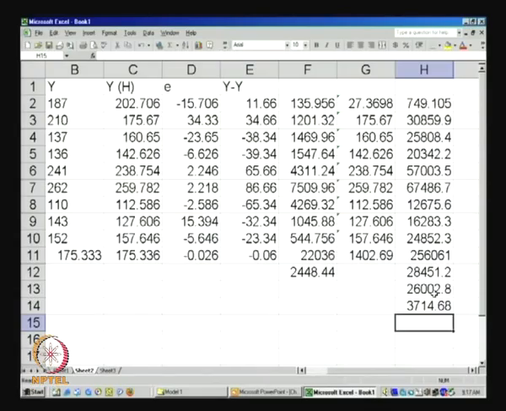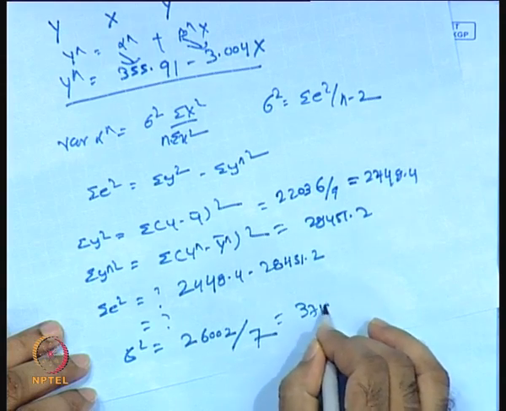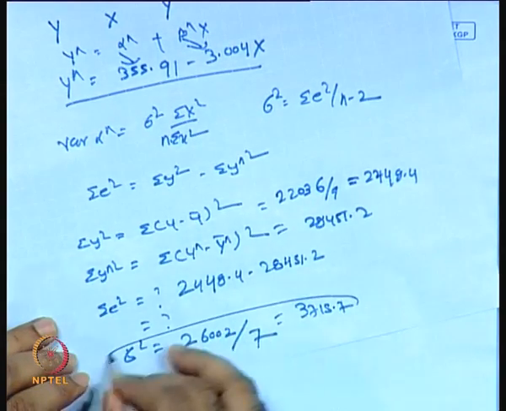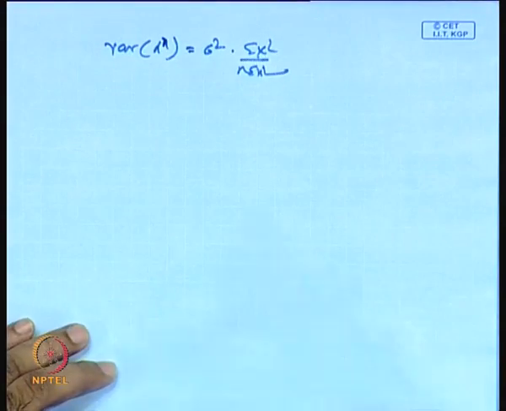So this is equal to 3715.7. This is sigma square u. Now the variance of alpha hat equals sigma square u.